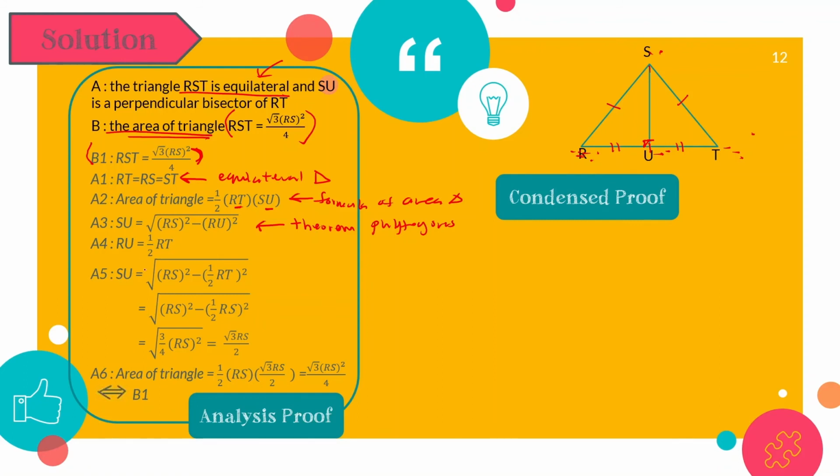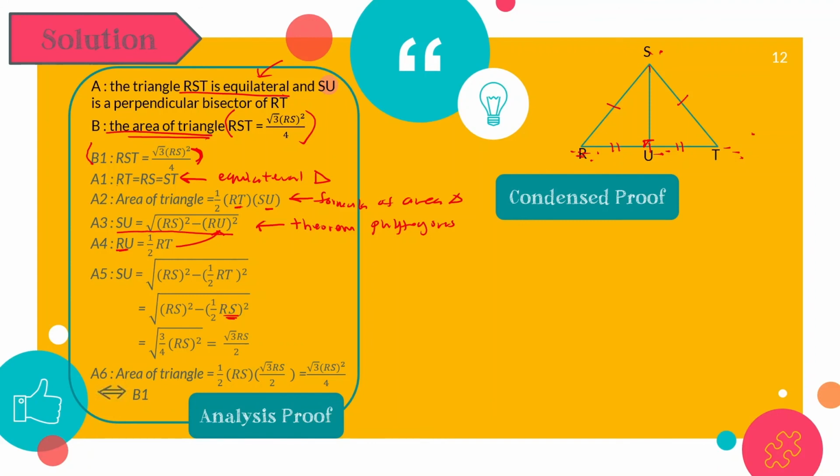Okay, so SU, from this formula, is equal to the square root of RS squared minus half RT squared. Since RU equals half RT, we substitute in here, so we get 1 over 2 RT squared. So the square root of RS squared minus 1 over 2 RS squared. Why do we use this?